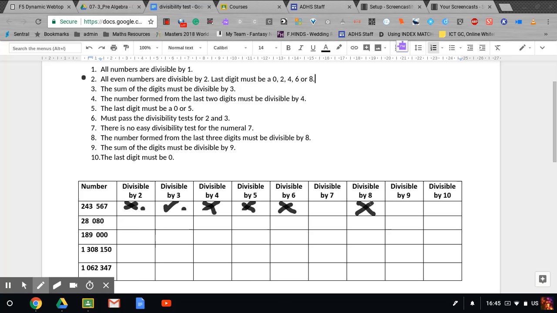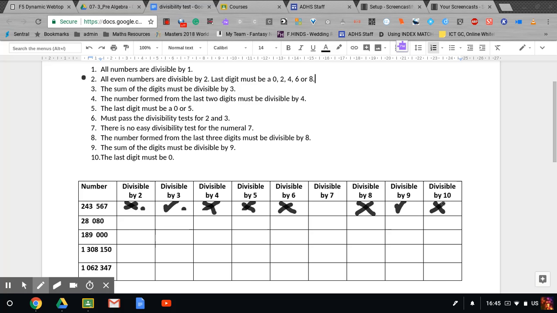Plus 3 is 9. Plus 5 is 14. Plus 6 is 20. Plus 7 is 27. 2 and 7 is 9. So yes, it does go into 9. And does it end in a 0? No, it doesn't. So 243,567 is only divisible by 3 and 9.